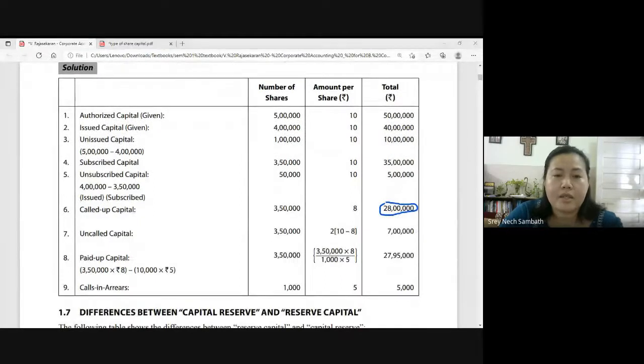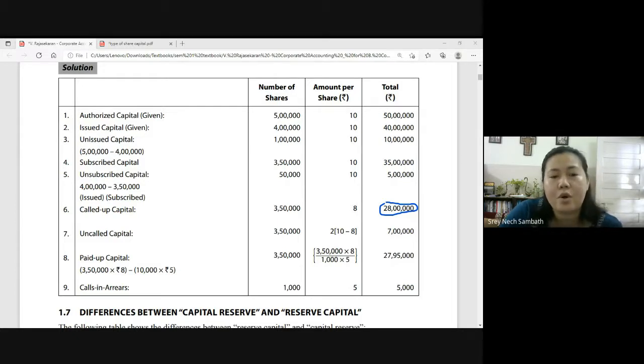So here, this is how you record it. Paid up capital: you know that 350,000 into 8 rupees, we said we have received all, except those 1,000 shares at 5 rupees, right? Here they have put 10,000, it's not correct. It's 1,000 into 5, right?